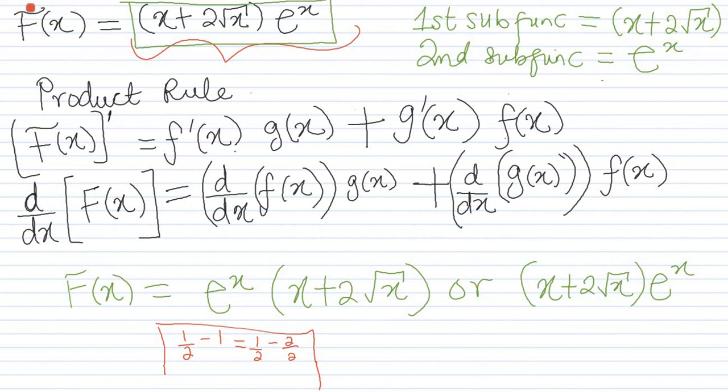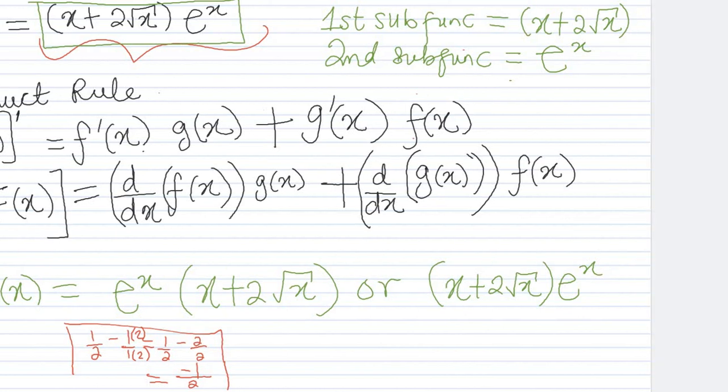So 1 over 2 minus 1 over 1 is the same thing as 1 over 2 minus 2 over 2, because we want the denominator of 2 to be the same on this side, so we do 2 times 2. So 1 over 2 minus 2 over 2, we have a common denominator now, and 1 minus 2 is the same thing as negative 1. So let's go to the next page.